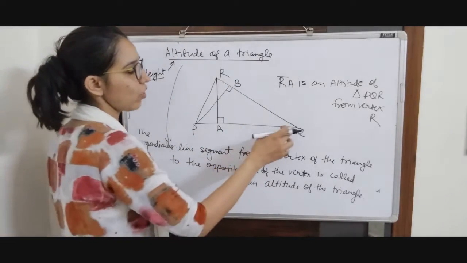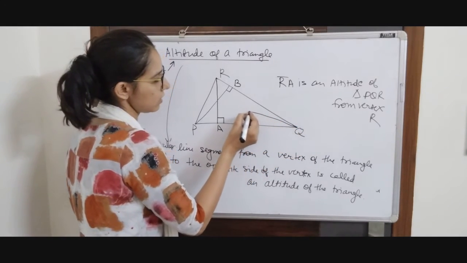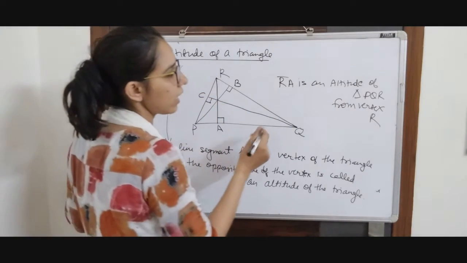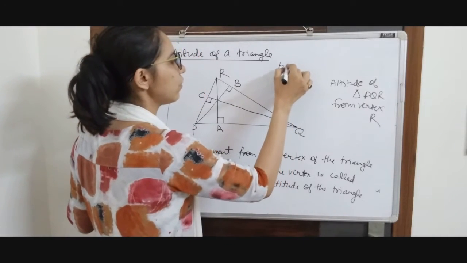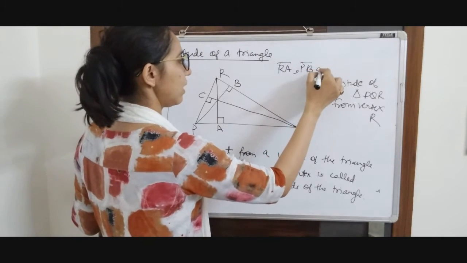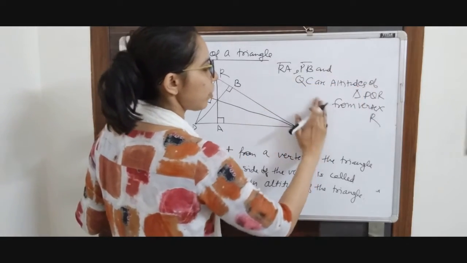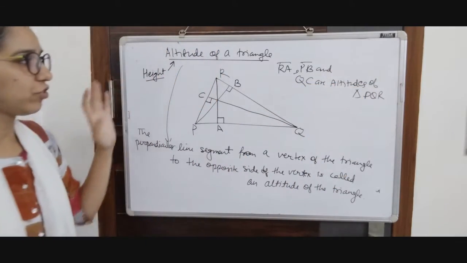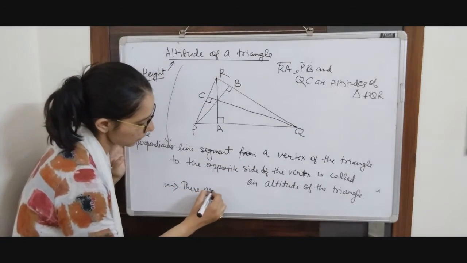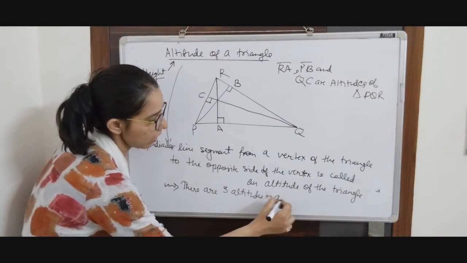Now you can also draw an altitude from vertex Q, like this, and this is point C. So RA, PB and QC are altitudes of triangle PQR. There are 3 altitudes in a triangle. So you can write there are 3 altitudes in a triangle.